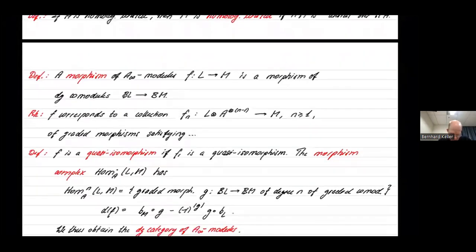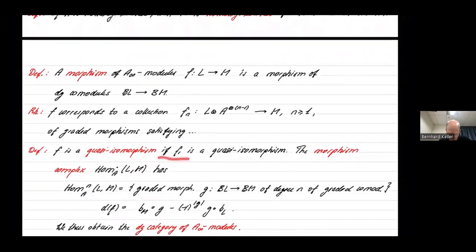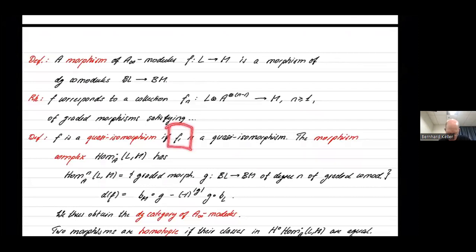Then we have the natural notion of quasi-isomorphism. Such a morphism between A-infinity modules is a quasi-isomorphism if f_1 is a quasi-isomorphism between the underlying complexes.